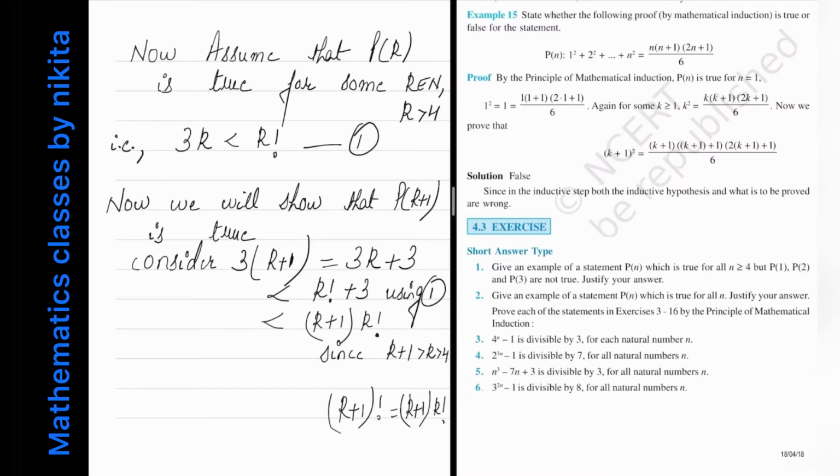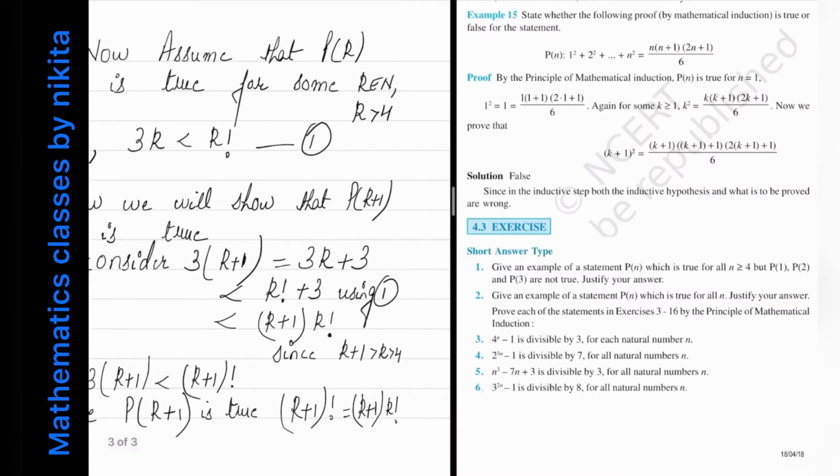So basically k plus 1 is also greater than 4. और यहाँ तो आप खाली 3 ऐड कर रहे हो, और यहाँ पे हम मल्टीप्लाई कर रहे हैं इस पूरे नंबर को with a number which is greater than 4. Okay, so therefore what I get is that 3 times k plus 1 is less than k plus 1 factorial. That is P of k plus 1 is true.